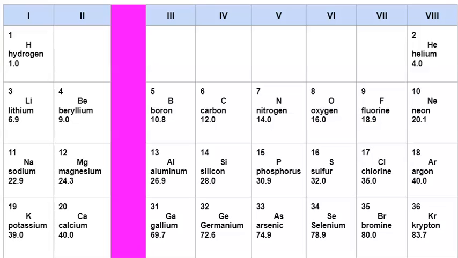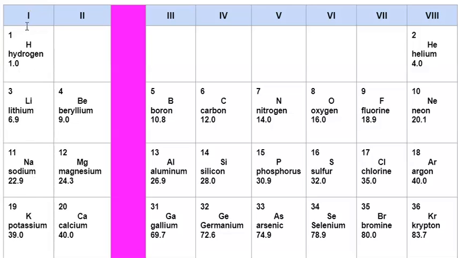This is just a snippet of the periodic table. It's not the whole thing. It's a small part of it. And let's find lithium. I'll help you. So lithium is right here on the periodic table. It's in the first column.